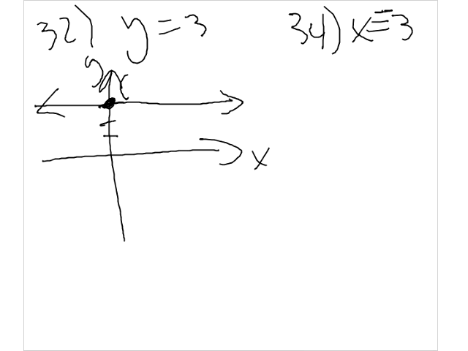And it'll, of course, go through the point 0, 3. And anywhere on this line that I touch, y is going to have a value of 3. So just as a review, all y's are parallel to the x-axis. Okay, and I'm now going to label this as y equals 3. Okay, how about 34, x equals -3?